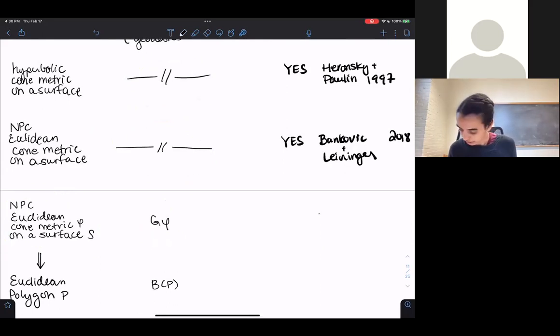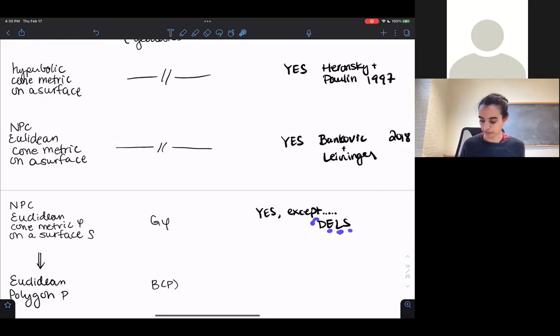So in this case, it's yes, except there's a small family of cases where you can't figure out the metric uniquely. And this is done by the same people as the work that I'm talking about today, Erlandsson, Leininger, and myself, as well as Duchin. This is 2018.